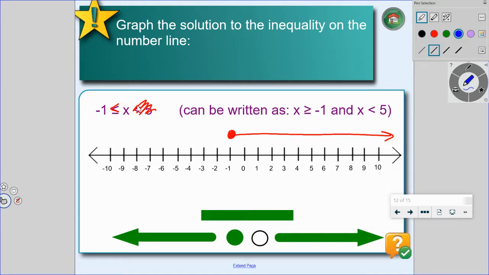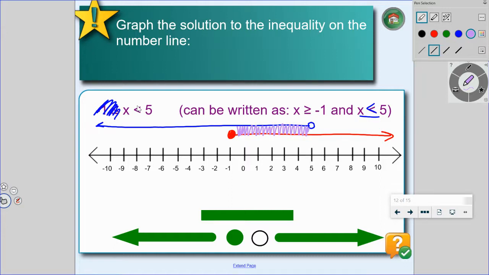All right, let's do the other part now. Let's pretend like the -1's not there. Any number x works as long as x is less than 5. So above the 5, I'm going to draw an open dot. And then where are all the numbers smaller? Okay, there we go. And so now we're trying to find where's the red meet the blue? Where are they both good? Well, if I look right in here, okay, that looks good.